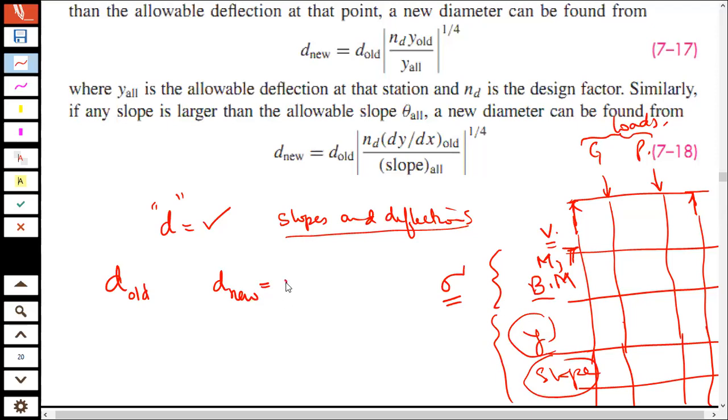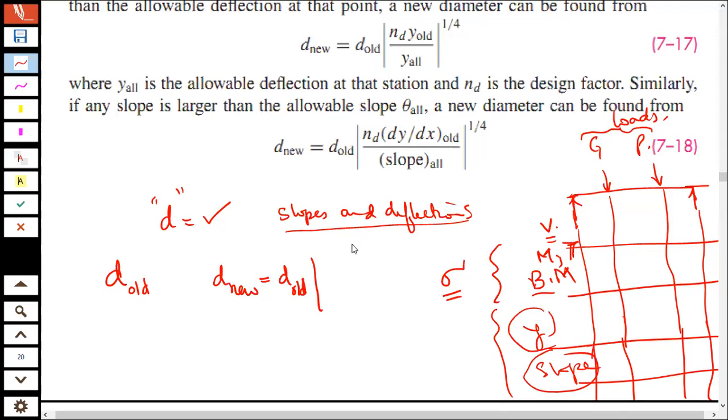I'll just put in the formula for that. Okay, you will take that d old and multiply it with your y old, the deflection that you got, divided by the deflection that is allowable, right?